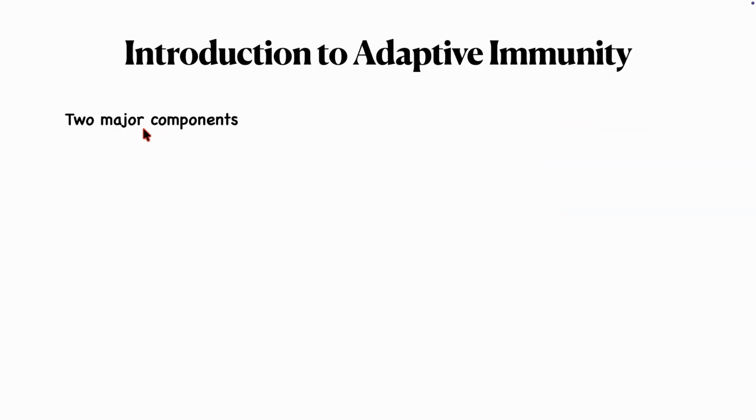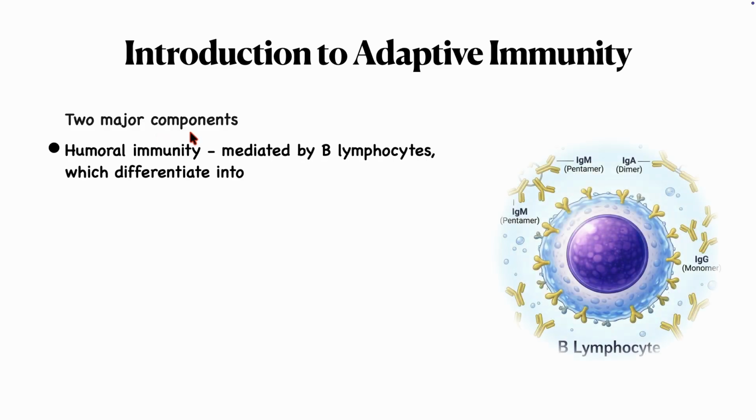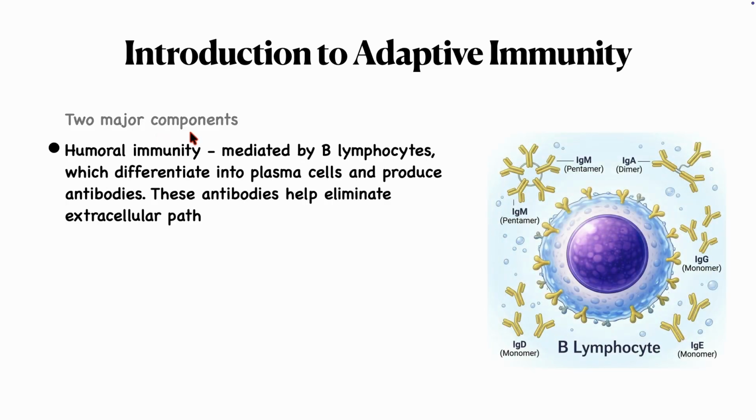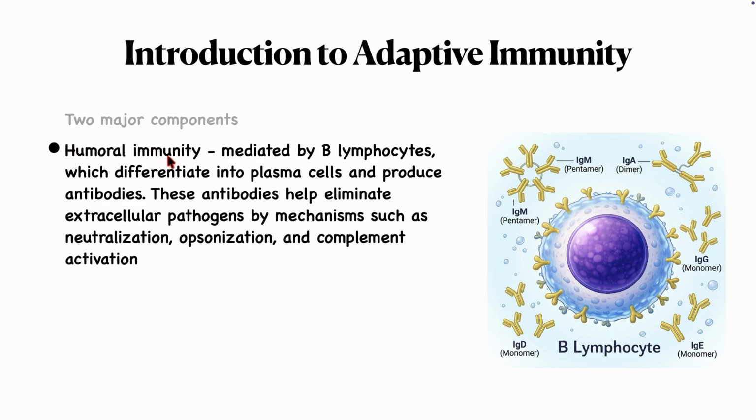Adaptive immunity can be divided into two major components: humoral immunity and cell-mediated immunity. Humoral immunity is mediated by B lymphocytes, which differentiate into plasma cells and produce antibodies. These antibodies help to eliminate extracellular pathogens by mechanisms such as neutralization, opsonization, and complement activation.